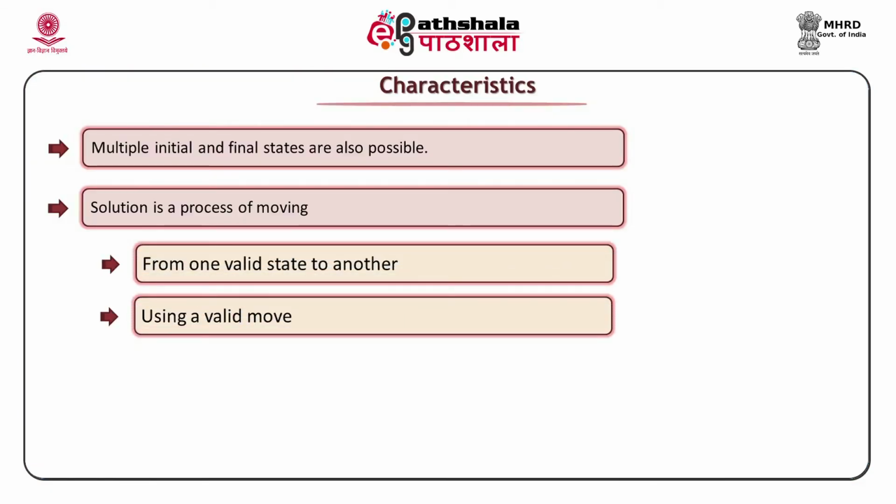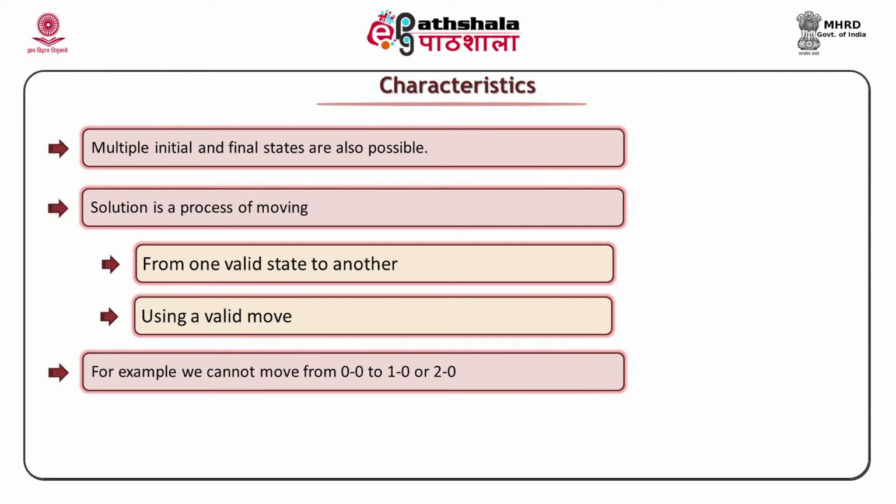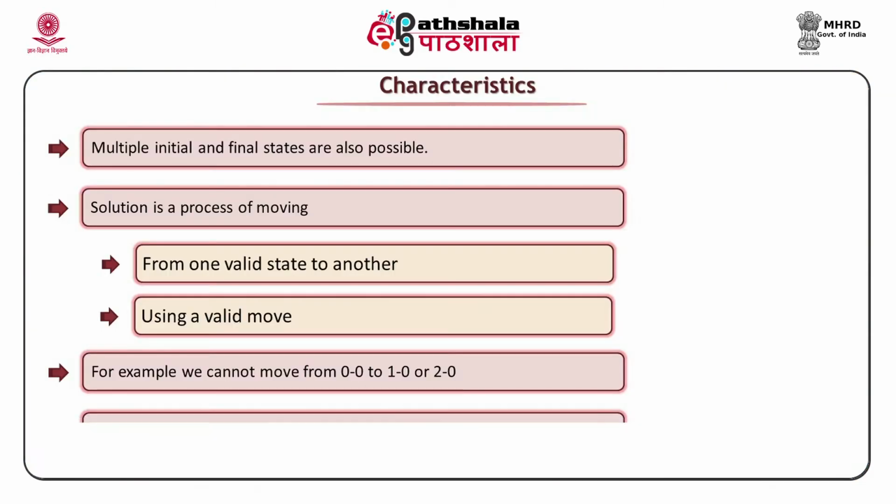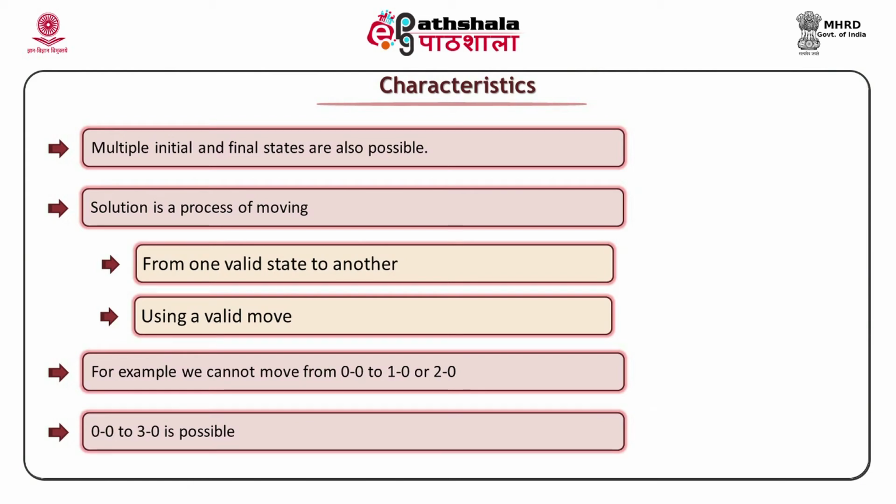And we have to use valid moves, as I said. For example, we can't move from 0, 0 to 1, 0 in case number 1, because how will you get 1, 0? There is no measuring device available, you can't get that. That is an example of an invalid move. In the other case, can you have a 4-gallon water jug with 3 in the beginning? It is impossible because we do not have a measuring device. So, 0, 0 to 3, 0 is impossible. This is again an example of an invalid move.